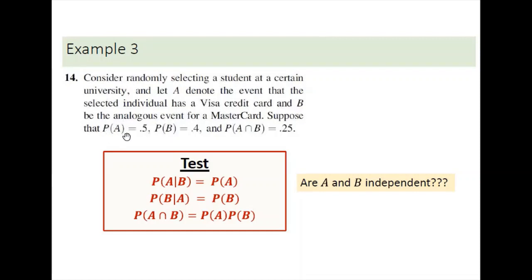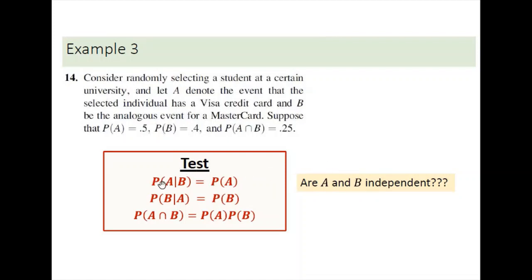The probability of A is 0.5, the probability of B is 0.4, and the probability of having both of them, a MasterCard and a Visa card, is 0.25. Are A and B independent?